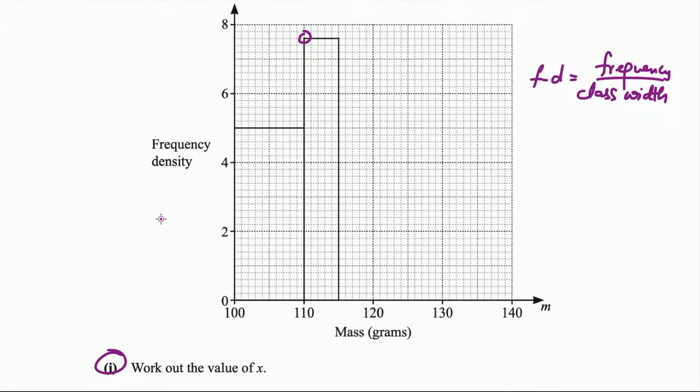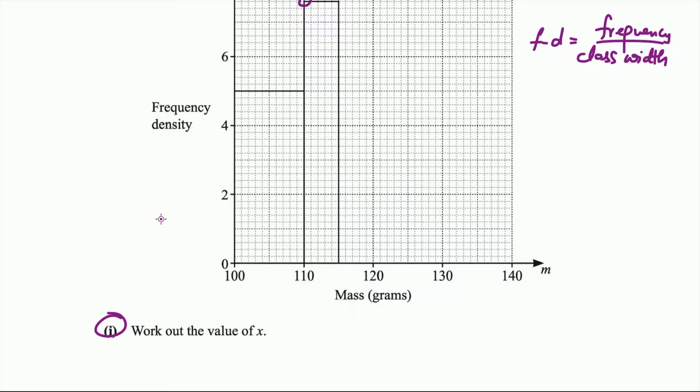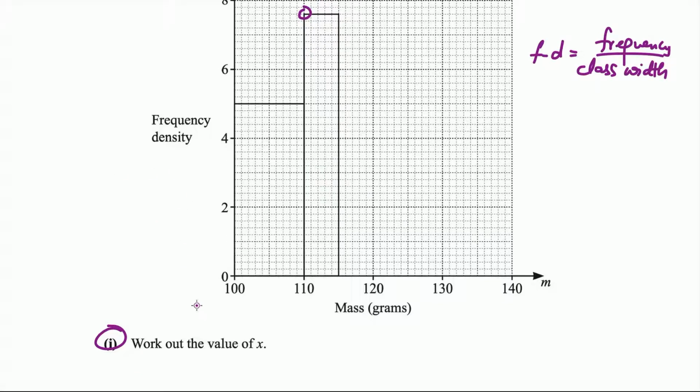So I can write 7.8 is equal to the frequency, which is x, divided by the class width, which is 5. Sorry, this is 7.8. So 7.8 is equal to x by 5. x is equal to 7.8 into 5, which is 39.